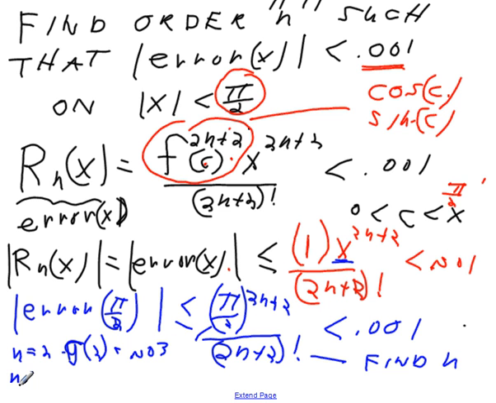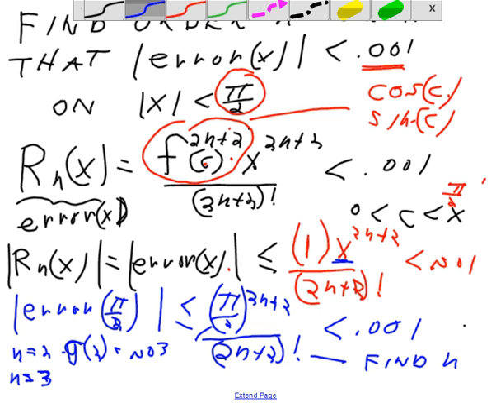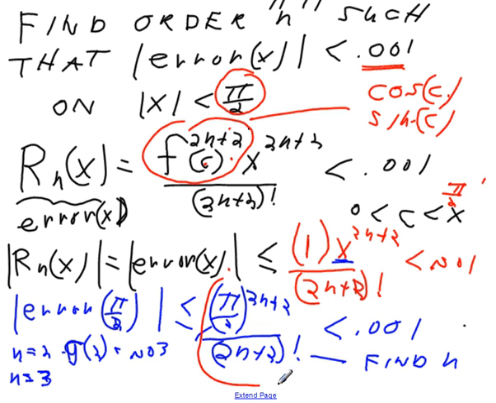If I try n equal to 3, I find out, sure enough, this term right here, what term am I talking about? This term, if I put n equal to 3, I'm going to get pi over 2 to the 8th power over 8 factorial.